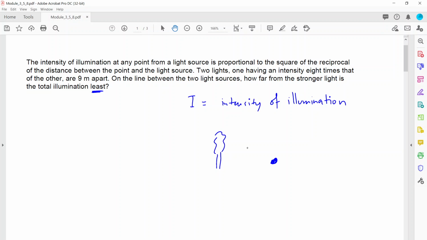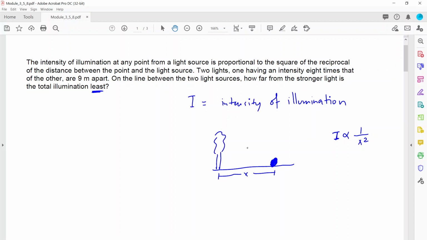According to the information given, the intensity of light at this point depends on the distance of this point from the light. So let's say the distance from the light to that point is x.